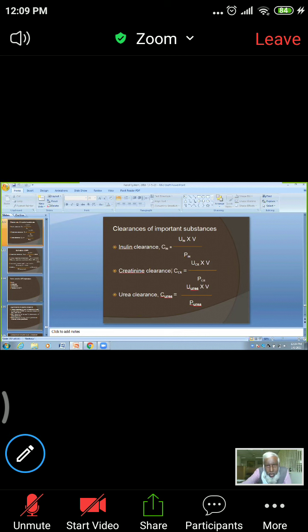Similarly, creatinine clearance, indicated as CCR, is the concentration of creatinine in urine into the volume of urine passed per minute, divided by the concentration of creatinine in plasma. That will give creatinine clearance. The definition we have covered earlier; it can be discussed if necessary. The definition should not be forgotten. That is important.